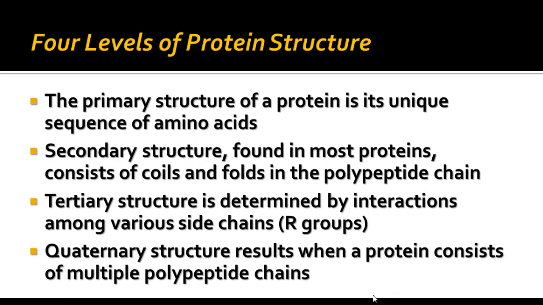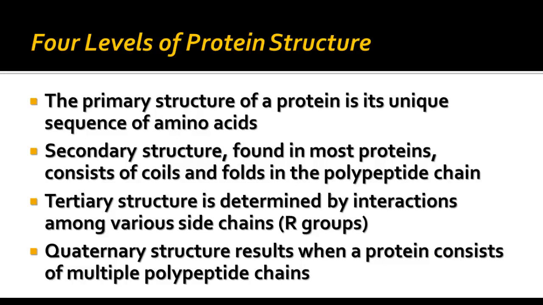The primary structure of a protein is its sequence of amino acids, of course, which is coded for by the DNA, as we've talked about in your introductory biology class. The secondary structure is composed of coils or folds in the polypeptide chain, and most proteins have at least primary and secondary structure. They all have primary structure, of course.